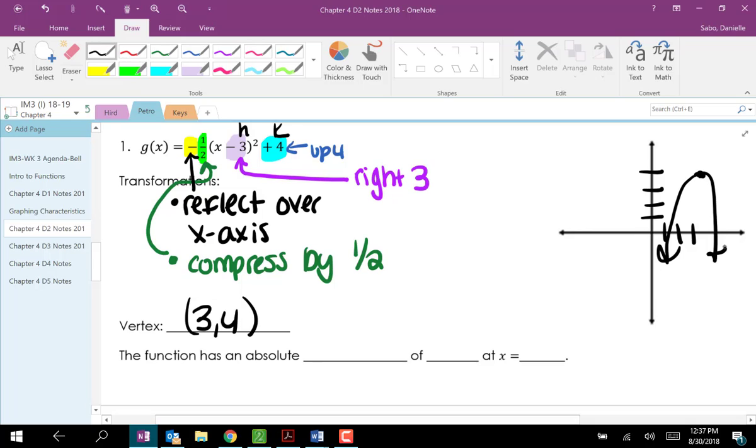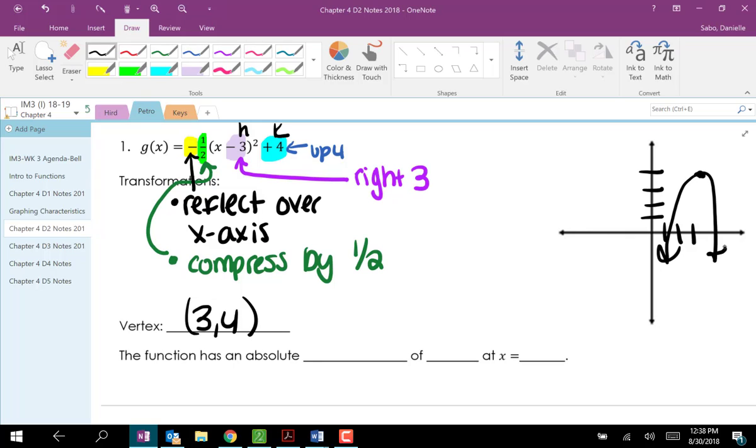I just want you to sketch. So all I care about is that you put your vertex there based off of our transformations, right? Right 3, up 4, or knowing the formula. And then concave down because I have a negative out in front. Now the first one was probably like, oh my god, that's ridiculously hard. It gets easier, I promise, once you get used to it. We did this the past couple days.